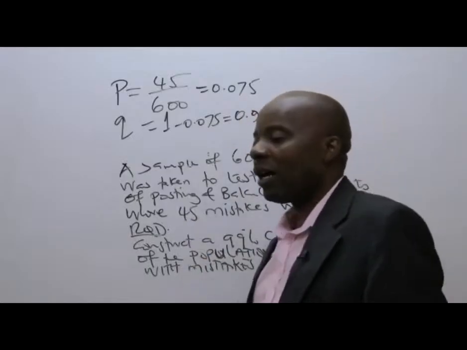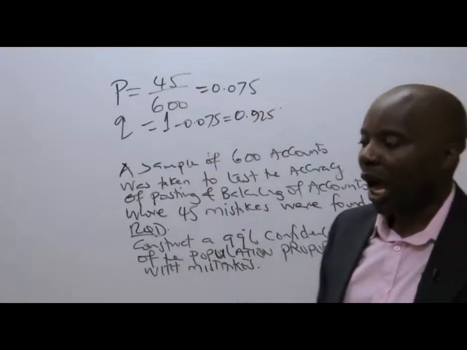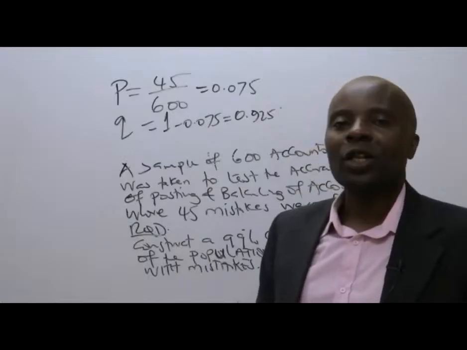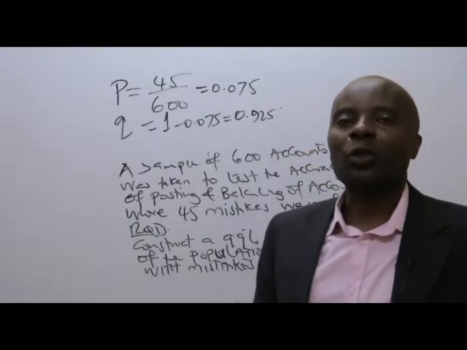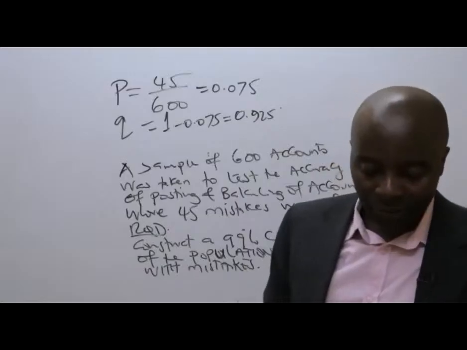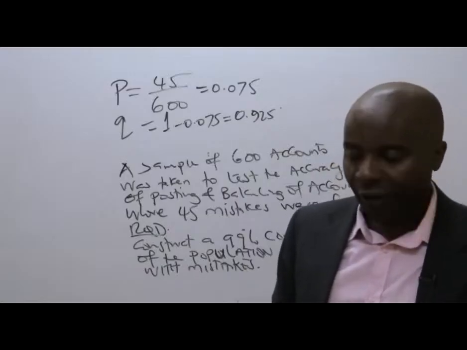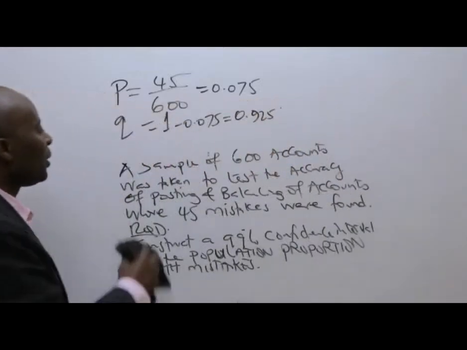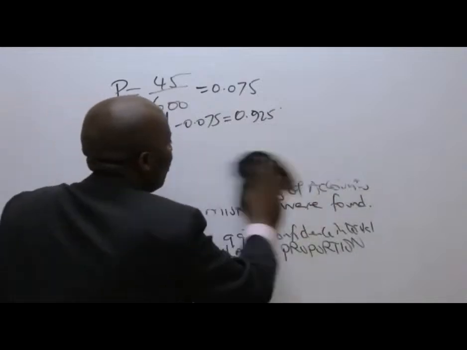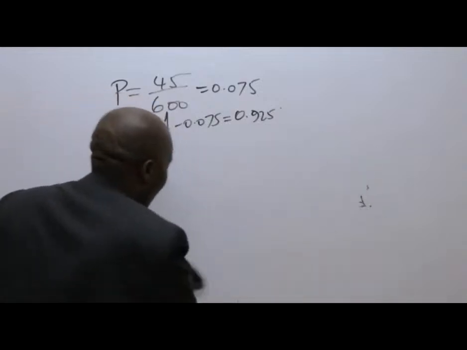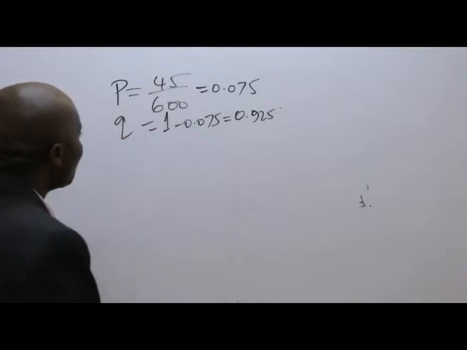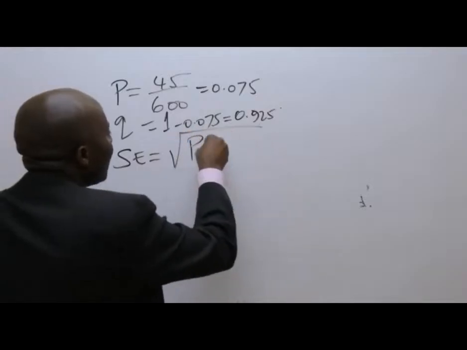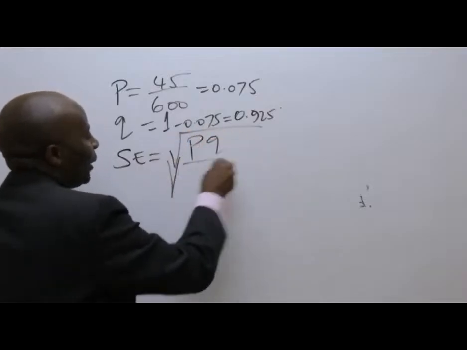Now, having gotten P and Q, I expect you to go ahead and calculate for us the standard error. Who is able to calculate that standard error for us? The standard error in case of proportions will be obtained by getting a multiple of the two, and then at the end of the day dividing.